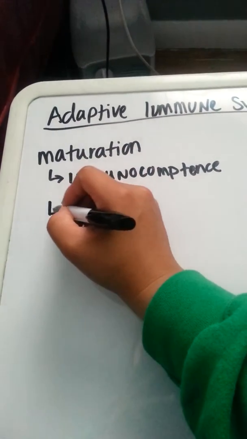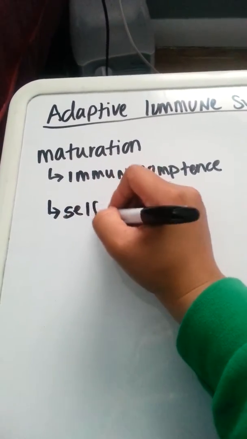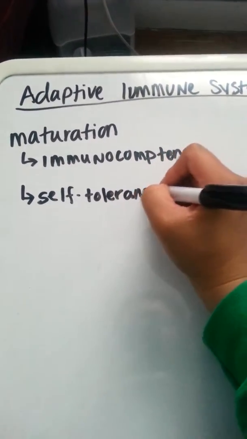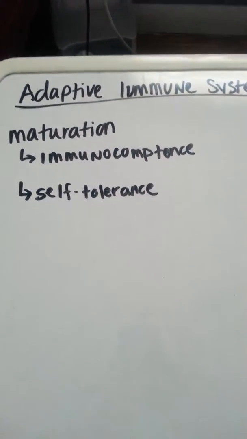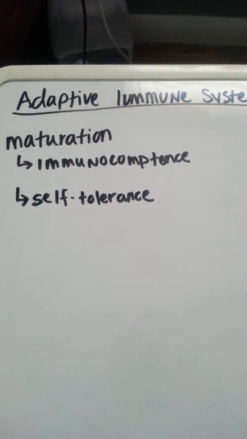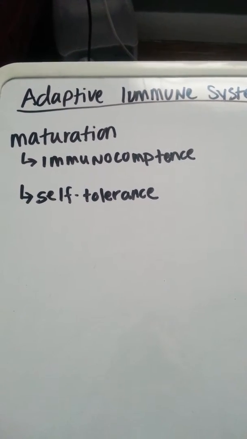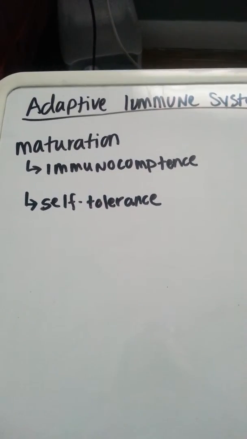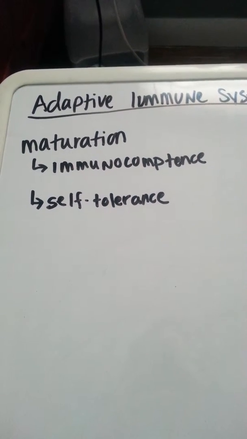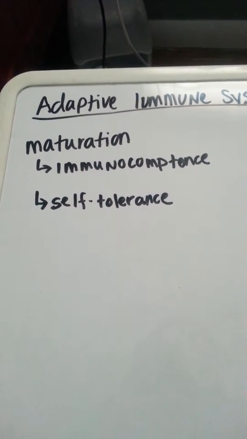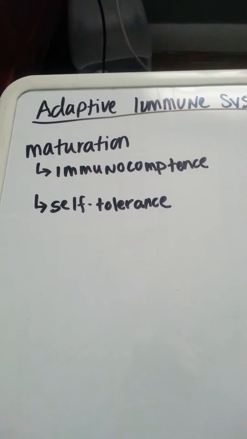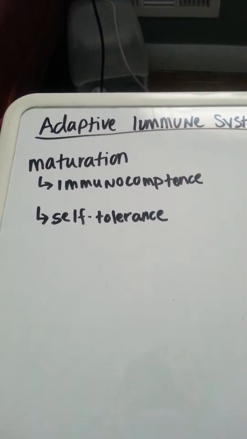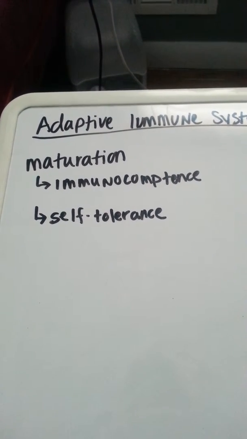Next one is self-tolerance. Self-tolerance is being unresponsive to self-antigens. So they don't attack the host, so they don't become autoimmune. They need self-tolerance because they cannot become autoimmune. Both lymphocytes need to develop immunocompetence and self-tolerance to mature.